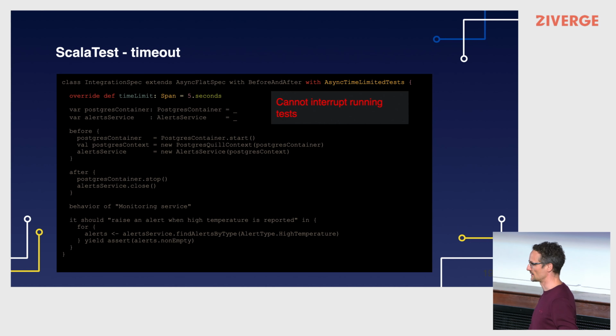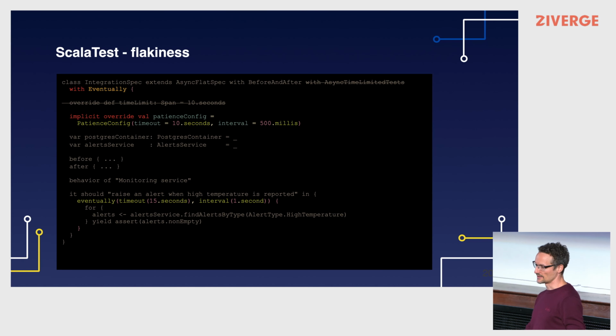For the synchronous case, it's a little bit better. At least it can send a thread interrupt signal. Flakiness. For flakiness, we need another trait. We need eventually. And we can define a global timeout with this patience config. And we can wrap our test invocation with eventually, where we can have a specific timeout for this test.